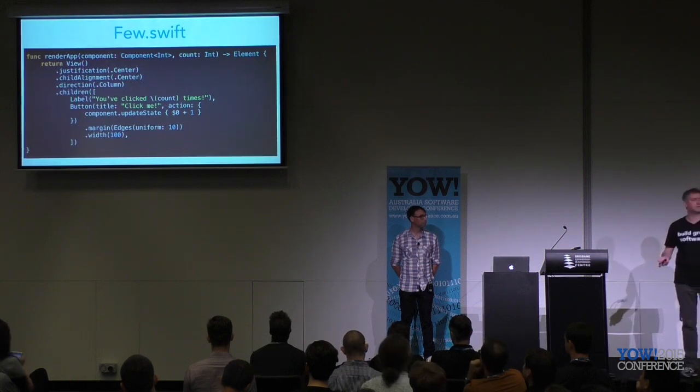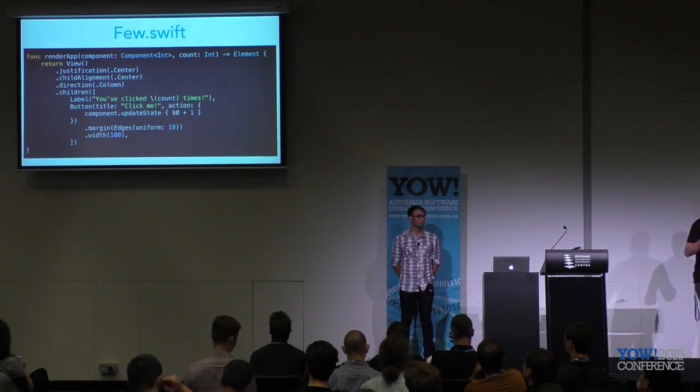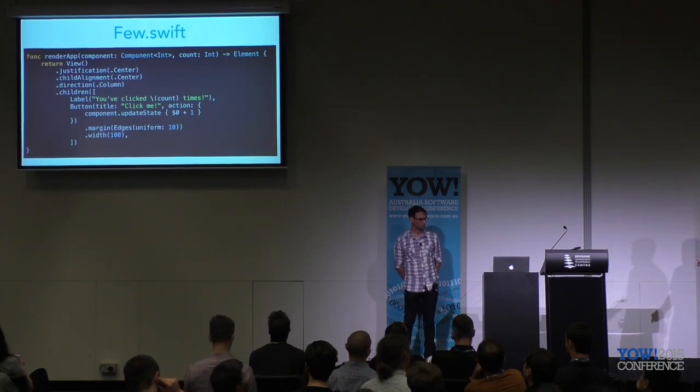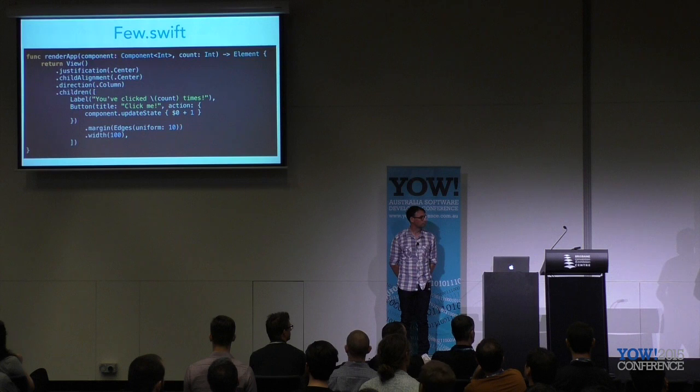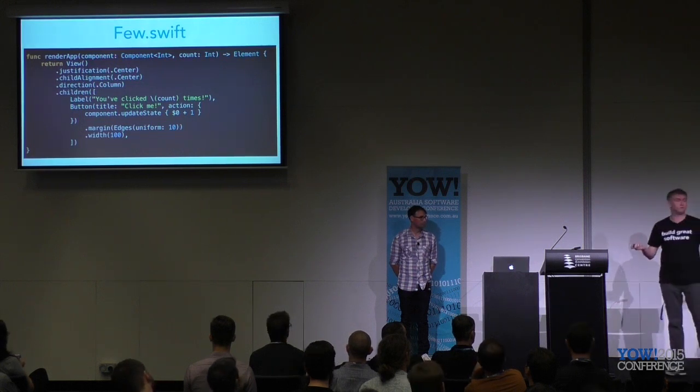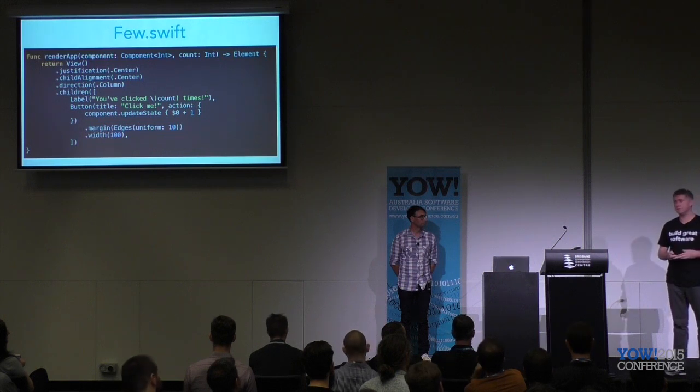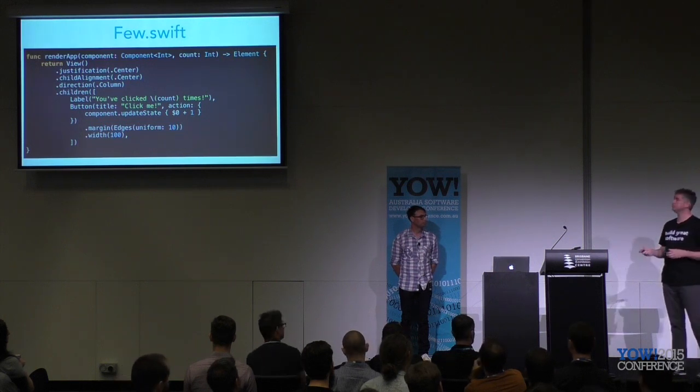And then this opens it up to describing UIs declaratively and modeling change within your application with one-way data flow. That said, few.swift is at a very early stage. I don't think I'd necessarily describe it as production ready at this point in time. But if you're into Swift, there are other alternatives available. Similarly, there's ComponentKit if you're into Objective-C.